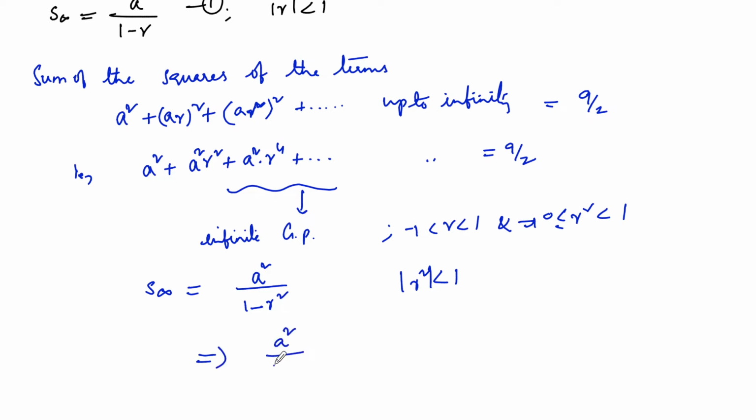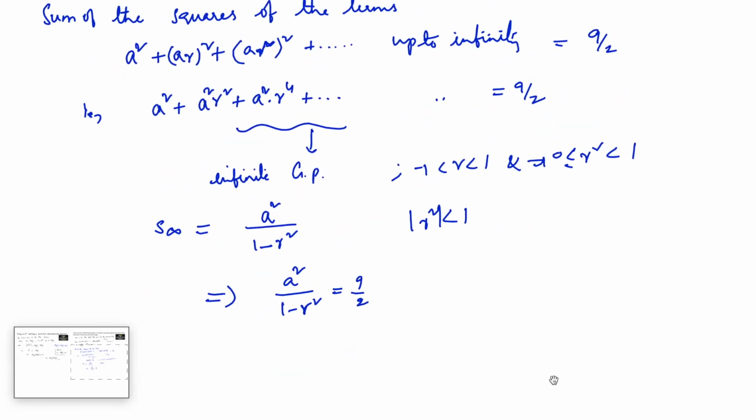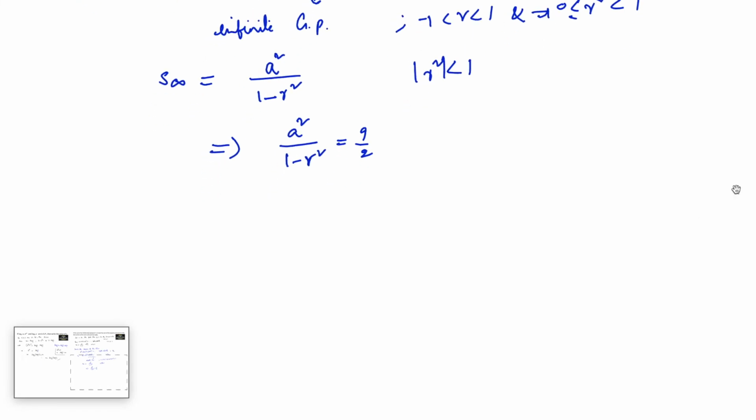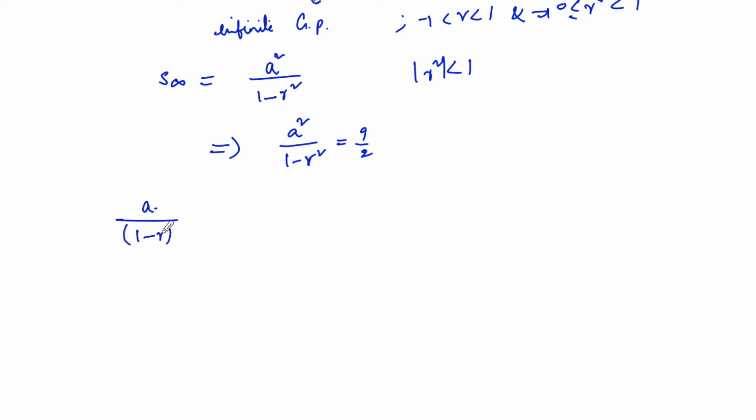So we have A square upon 1 minus R square is equal to 9/2, which on simplifying we can write as A upon 1 minus R into A upon 1 plus R is equal to 9/2.